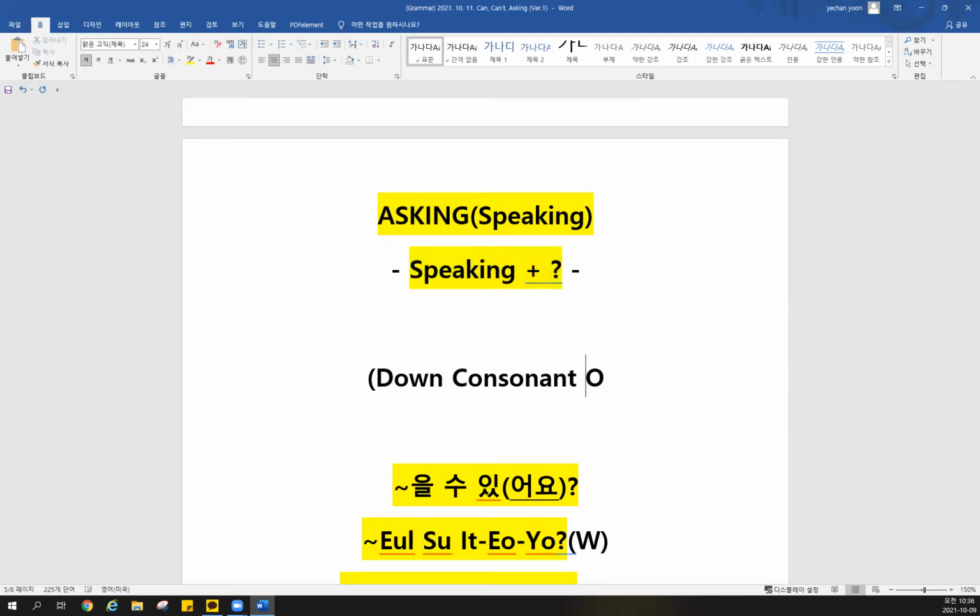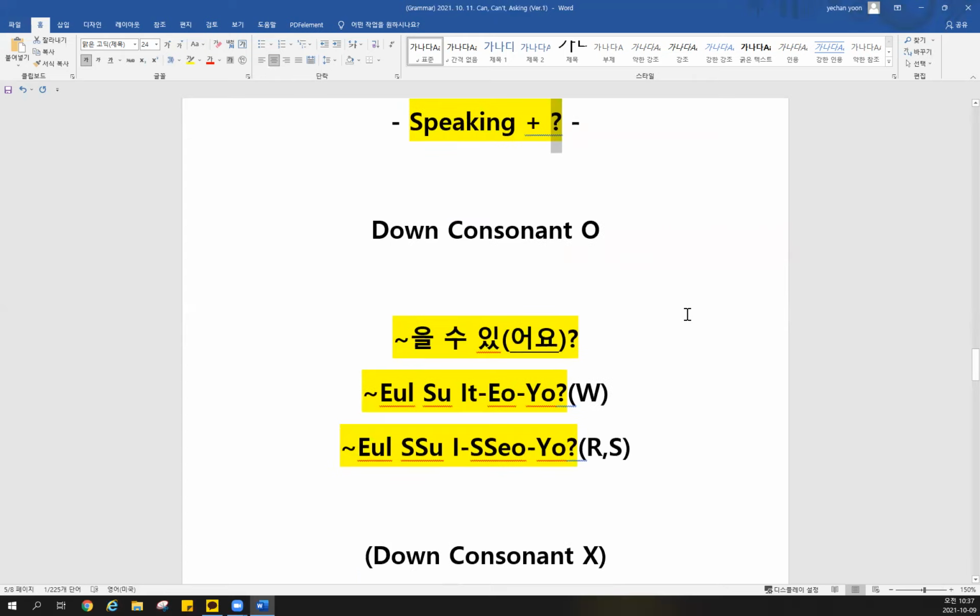Okay, so if they have a down consonant, but of course with the intonation, right? With the intonation, if it is a question sentence, what did I say? You have to finish the last letter with a high intonation, right? For example, if they have a down consonant with the can, then how can you say it?